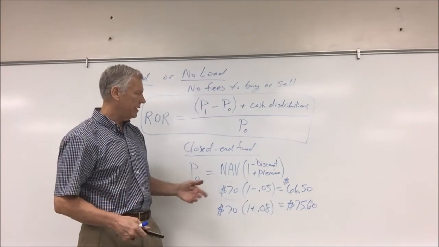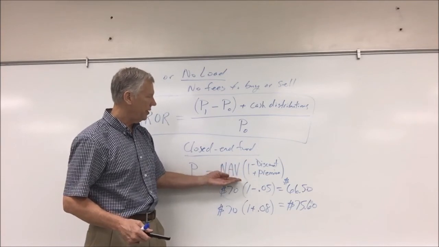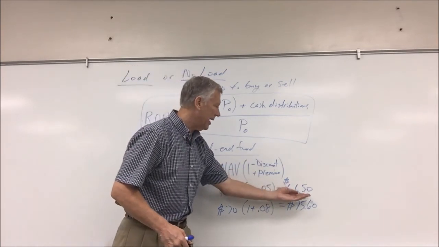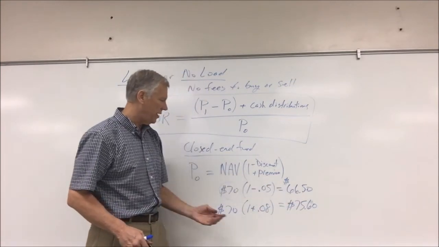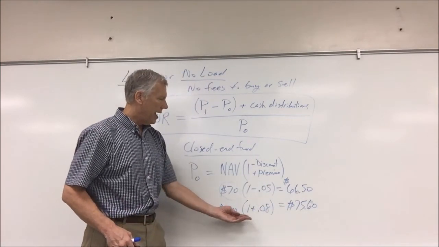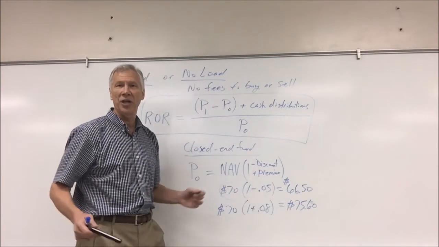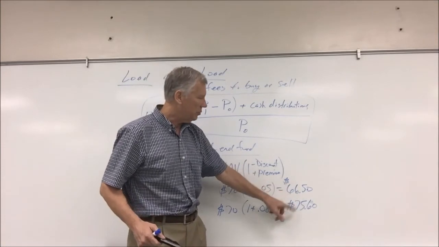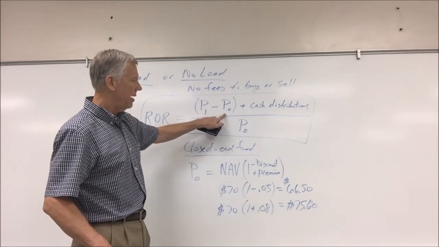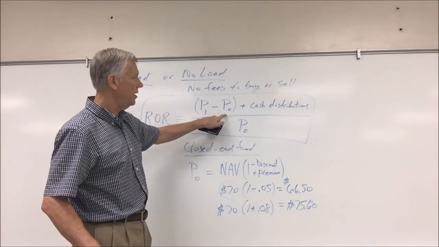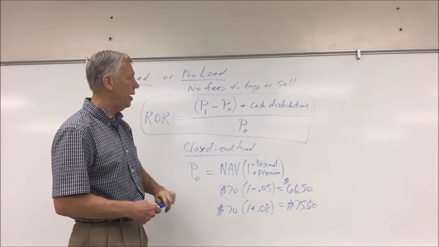And again, what if you bought this particular mutual fund when it was initially selling at a 5% discount, and you bought it for $66.50, and you sold it later at an 8% premium for $75.60. Net asset value, let's say, didn't change at all. It's possible, but this is what happened. So this becomes $75.60 minus $66.50 divided through by $66.50 as well.